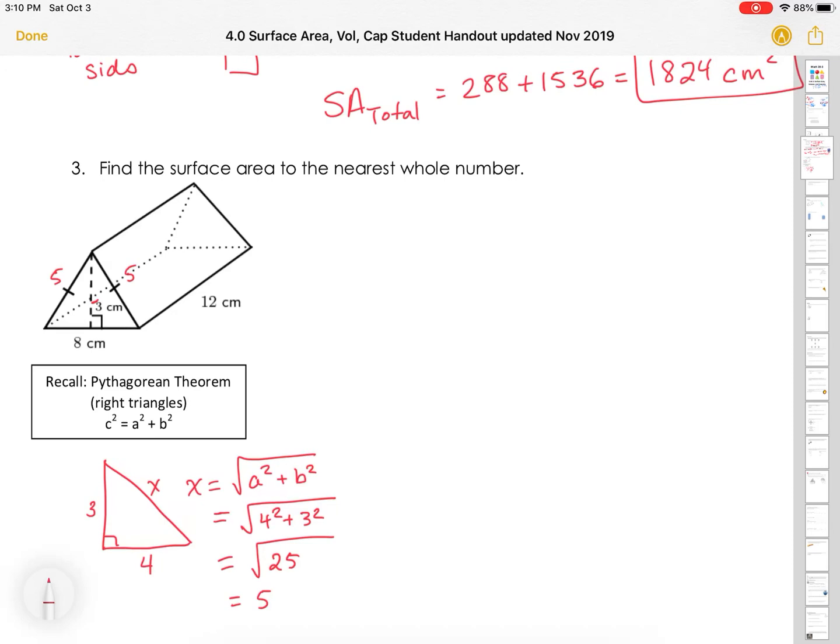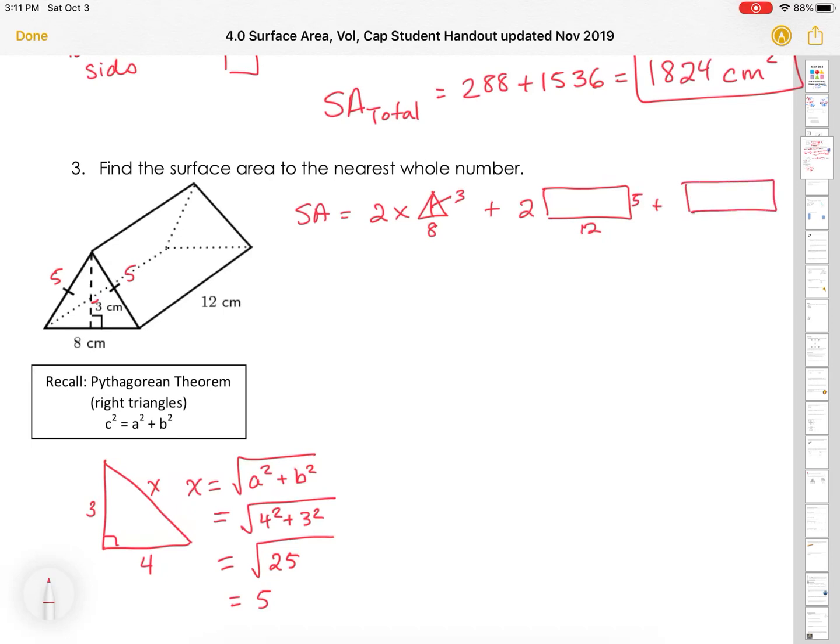Now when we look at our shapes, we have 2 triangles, which have a height of 3 and a base of 8. We have 2 rectangles that are identical that have a side of 5 and a base of 12.